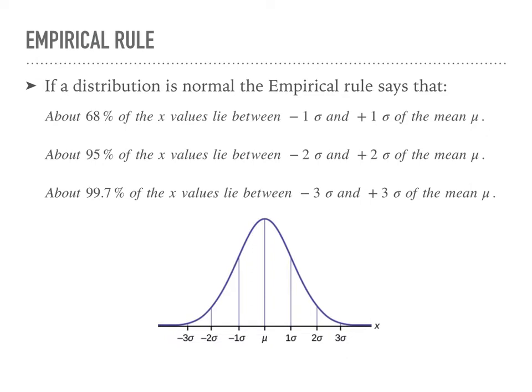We see the mean is in the middle, and then we see that approximately 68% is between those two lines where we have -1 sigma and +1 sigma. Then going out the same distance again, so we're now at 2 sigma, 2 standard deviations out in each direction, we have 95% of our data, and then another standard deviation out in each direction, and we have 99.7% of the data.